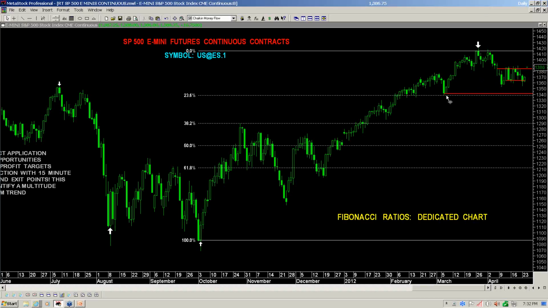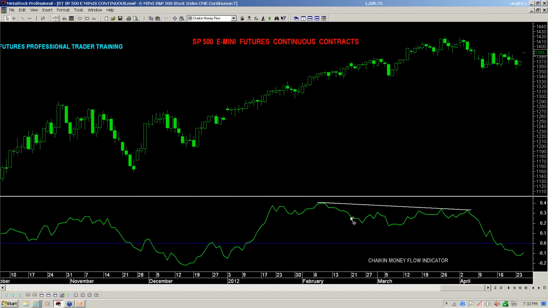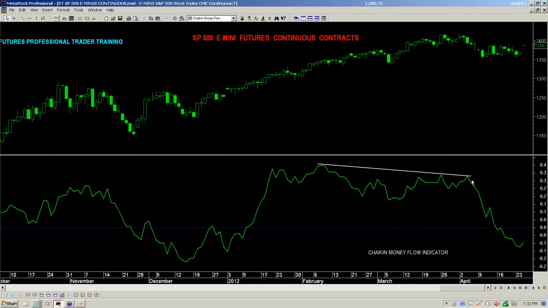Now, mind you, you're looking at Fibonacci in isolation. The actual charts here, for example, the Chaikin money flow, depicted a very similar but not the same story before the sell-off, didn't it? You bet it did.